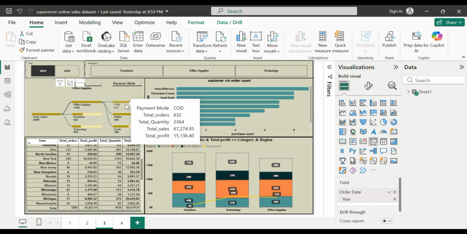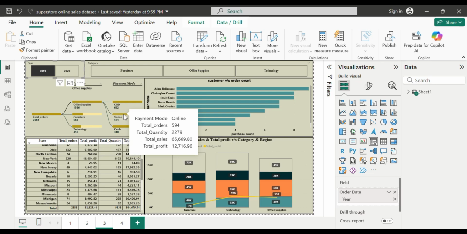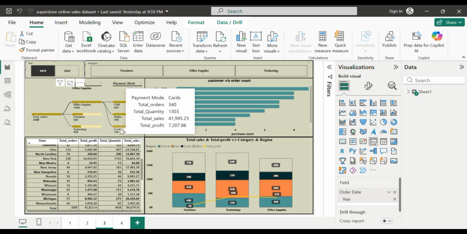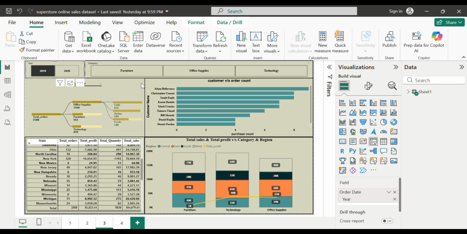So cash on delivery is there, and online is less. For card the profit is too less. So just counting this, cancel.